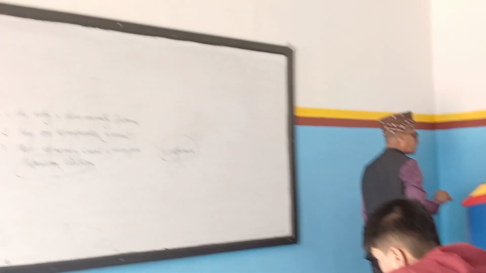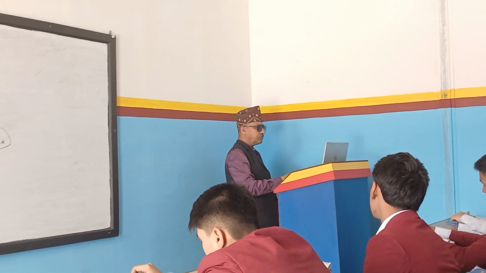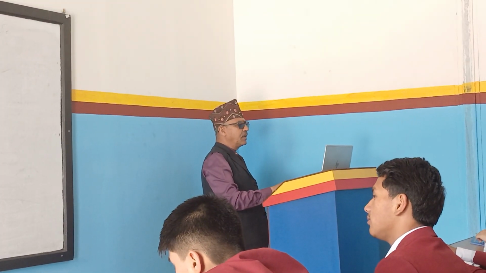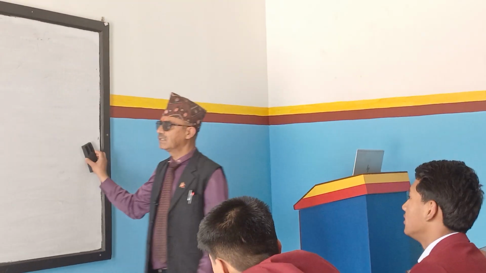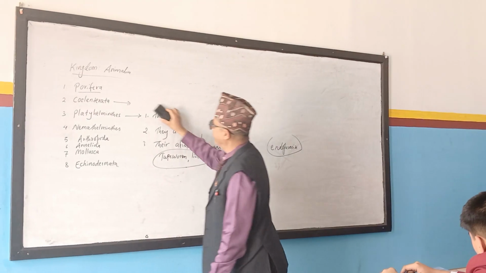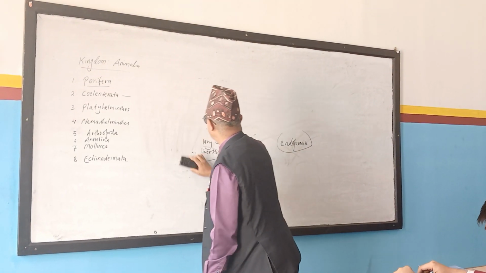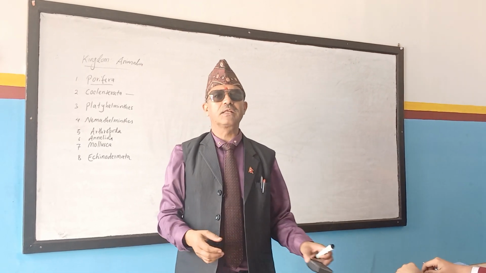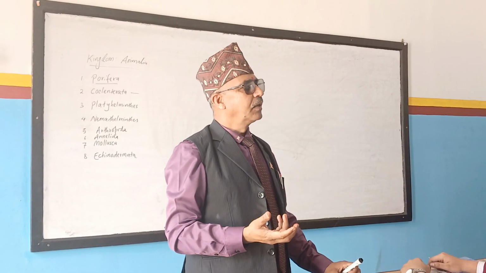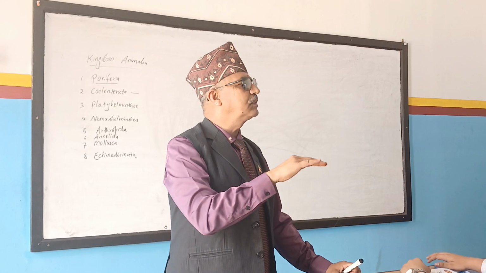Now let's go to discuss phylum Nemathelminthes. One thing you have to keep in mind, Coelenterata, they contain a hollow cavity. Platyhelminthes, their body is flat.